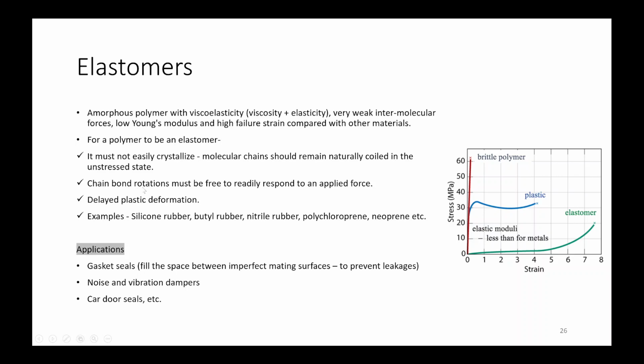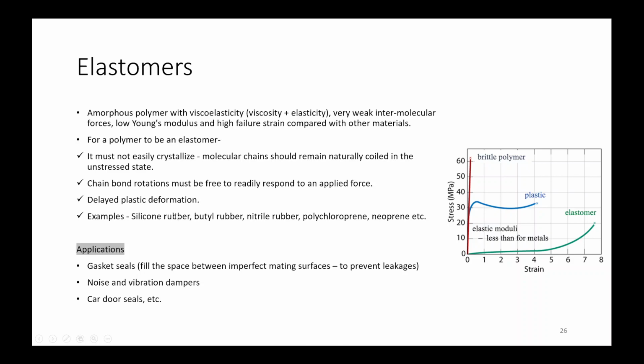And the chain bond rotation must be free to readily respond to an applied force. So as soon as we apply some force, it should easily uncoil these chains, and they should show delayed plastic deformation.